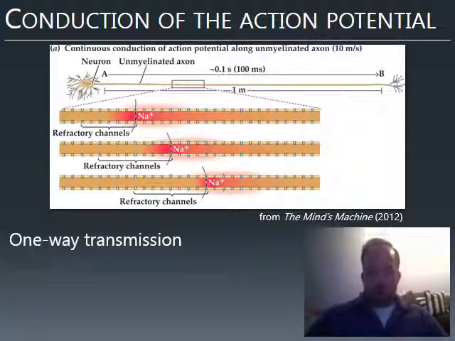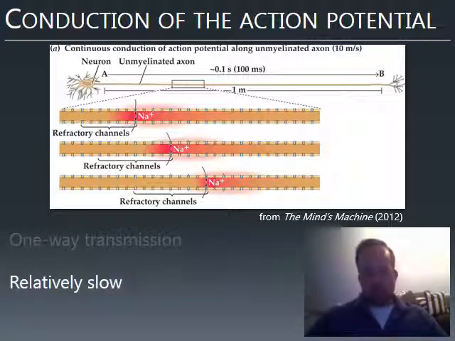Now in a normal unmyelinated axon, it moves about 10 meters a second, which sounds fast, but relative to myelinated axons, as we'll see, it's really not that fast at all. So what happens? Well, if an action potential fires, imagine you're the next location down the line, so to speak. All the sodium has just come into the axon next to you. That sodium has a positive charge, and it's going to depolarize your section of the axon.